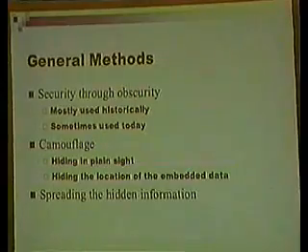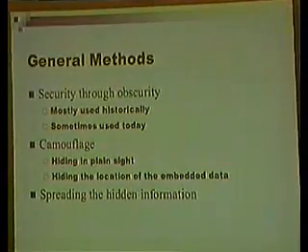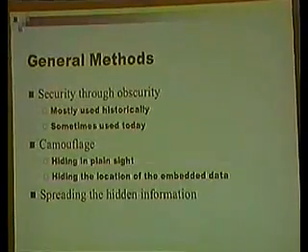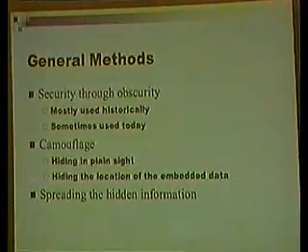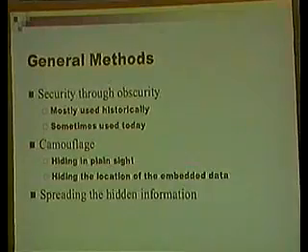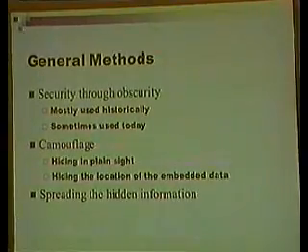But it's also used nowadays in the sense that it's impossible to have a 100% foolproof system where nobody can detect or break your system and get your message out.